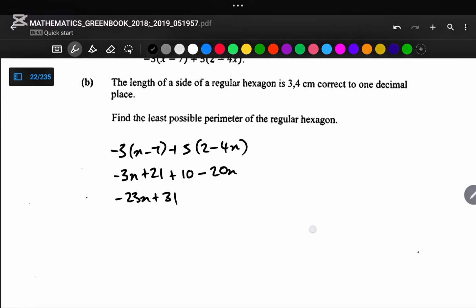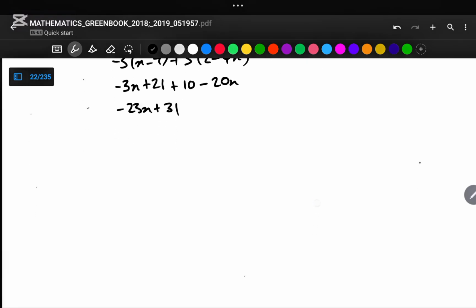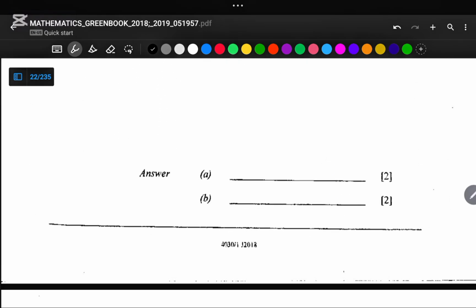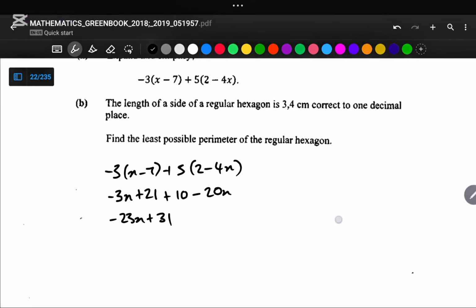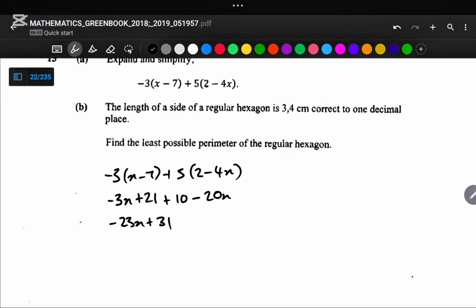Okay, and let us move on to the next part of our question, which says the length of a side of a regular hexagon is 3.4 centimeters, correct to one decimal place. So we are required to find the least possible perimeter of the regular hexagon. A hexagon is a shape that has 6 equal sides if it is regular.